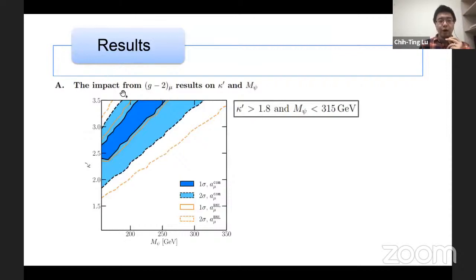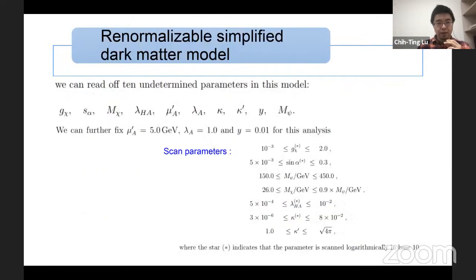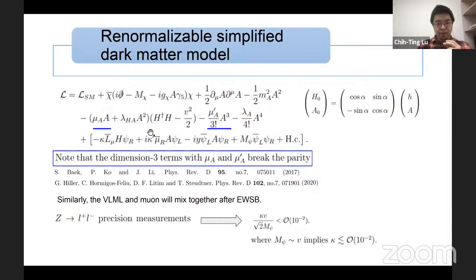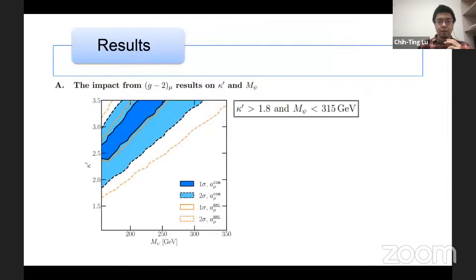For example, the one relevant to the muon g-2 gives us the constraint on kappa prime, which is this interaction. It needs to be 1.8, and the mass of the vector-like muon lepton needs to be less than 315 GeV.